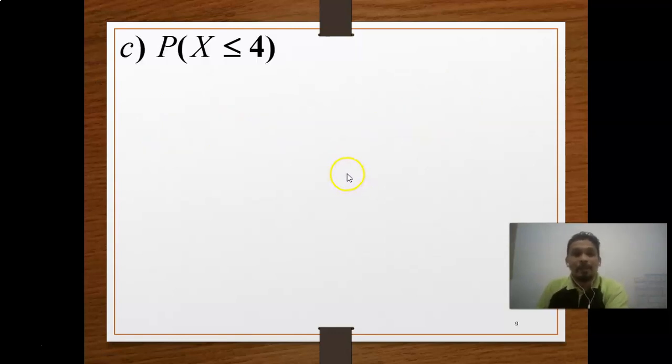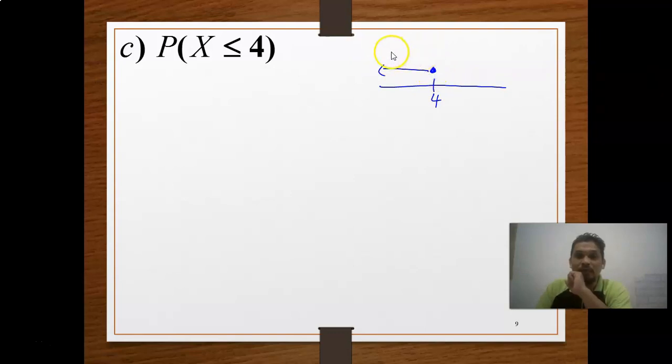Okay, what about this one here now? 4, less than or equal. Just now we looked into the question where x is greater than or equal to 4, direction to the right. Now look at the situation where the direction is to the left. And this time it includes 4.